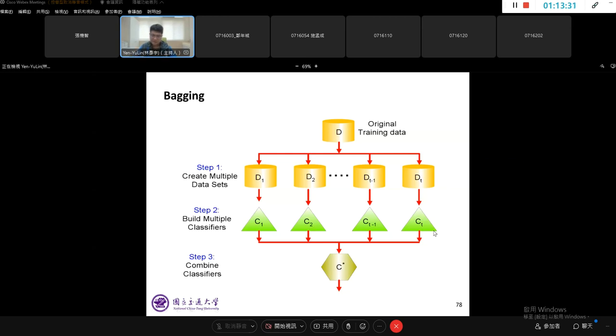Okay, this is how to get the multiple versions of a decision tree. During testing, we can combine the generated decision trees by majority vote. Okay, so this is the training and testing flow chart.